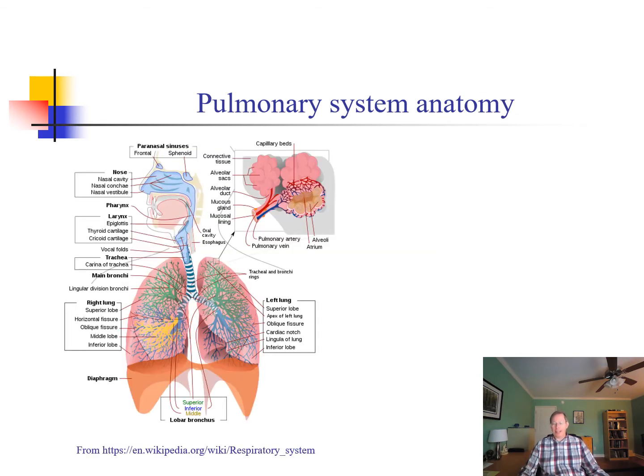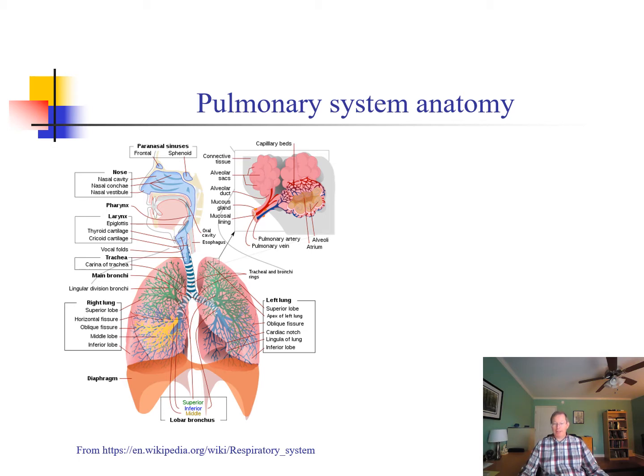So let's look at the anatomy. The gas exchange is occurring at alveoli, these very small structures within the lungs that facilitate gas exchange, and they're highly vascularized. Those alveoli are terminal branches of a series of bronchial tubes that bifurcate constantly as they go from the intake of the pulmonary system, which is through the trachea.